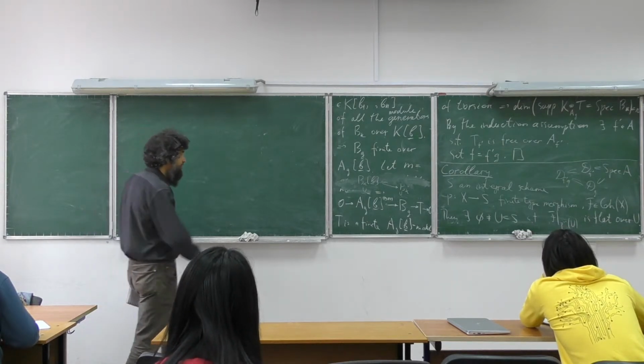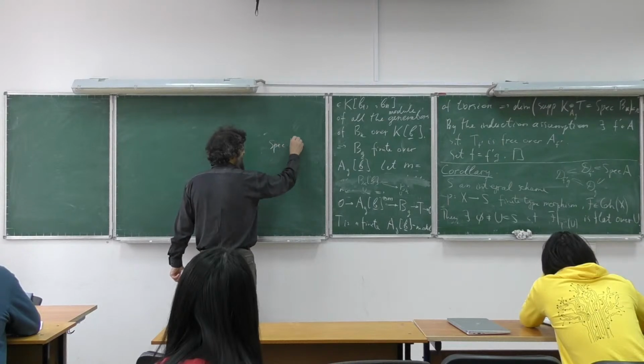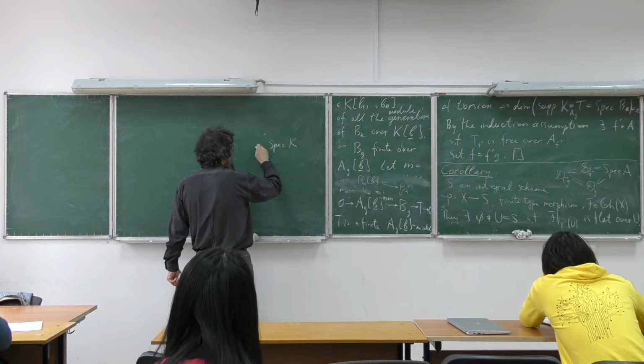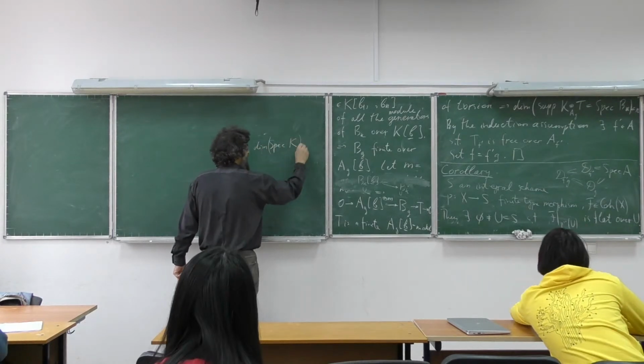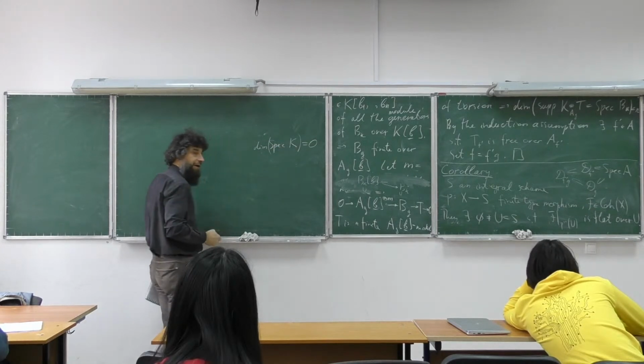The spectrum of any field by itself has dimension 0, even though the transcendence degree of this field may be high.